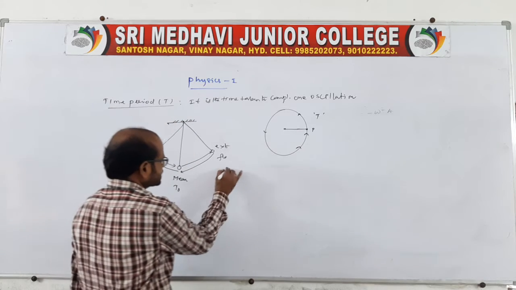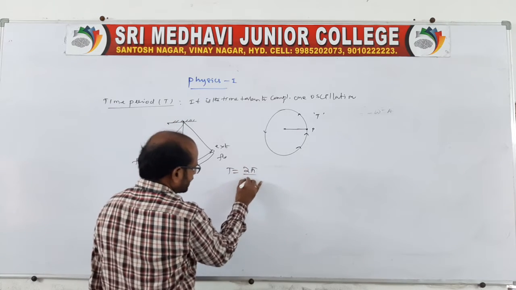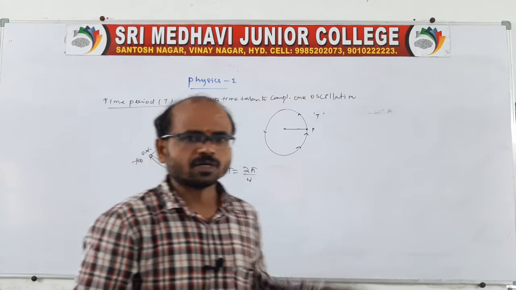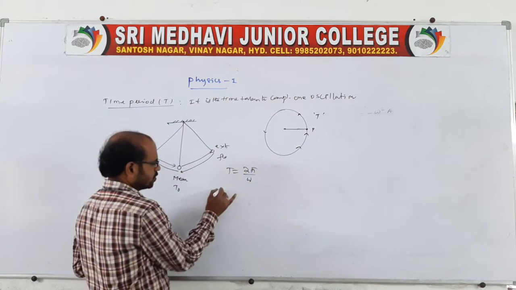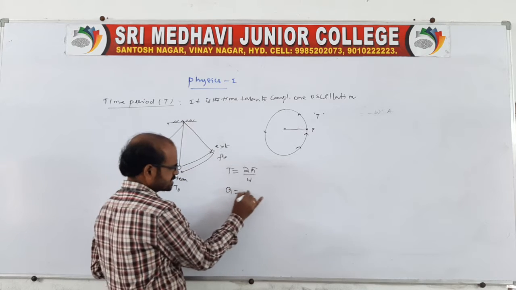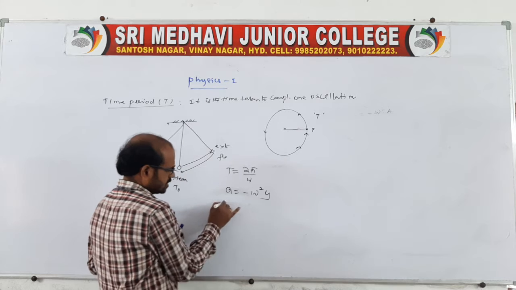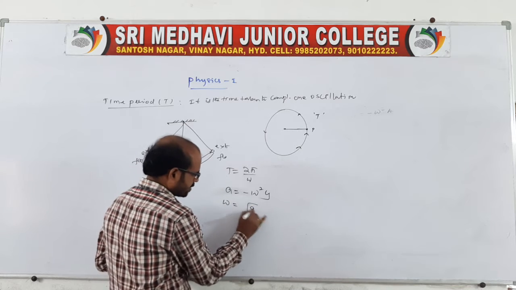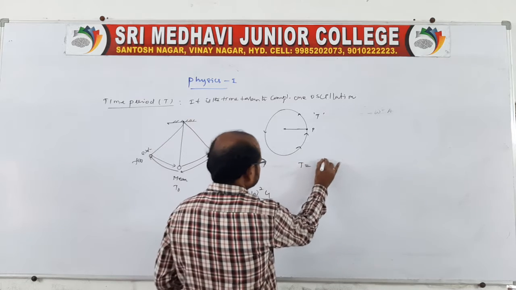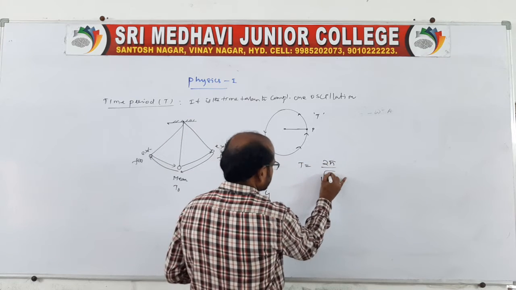Therefore, the formula is T is equal to 2 pi by omega. Of course, this is there in circular motion. Already we know this expression, and omega is equal to root over a by y, since we just derived the expression a is equal to minus omega square y. Write here time period, instead of omega you take root over a by y.